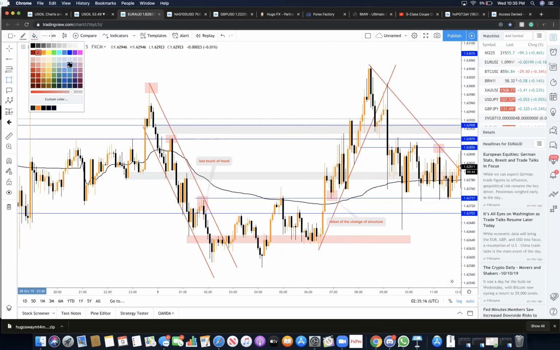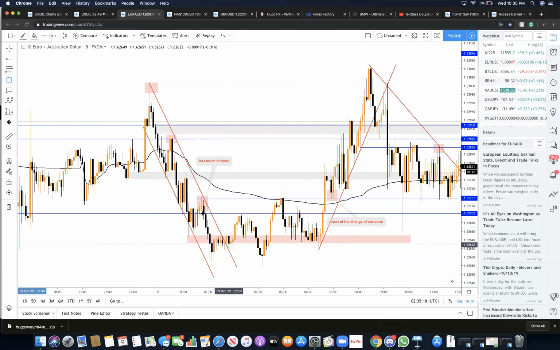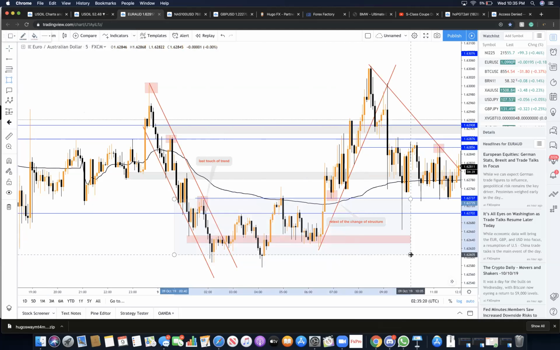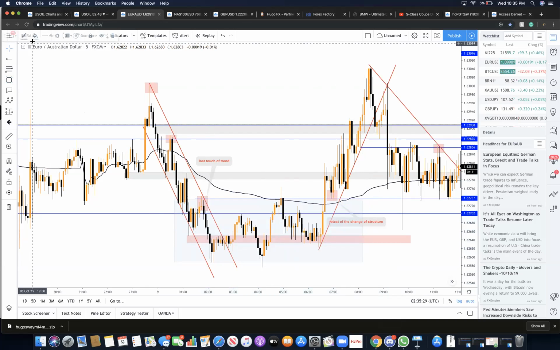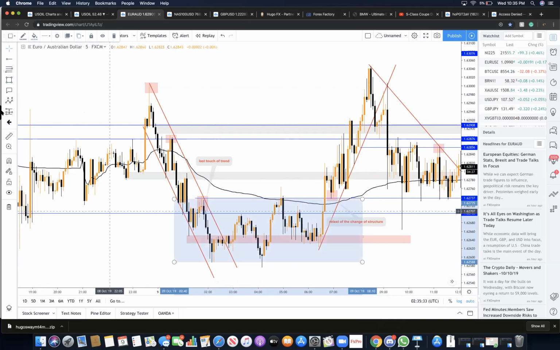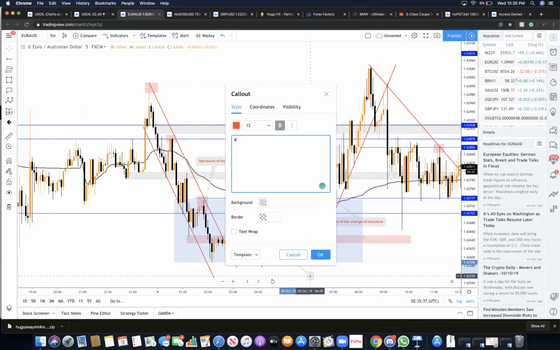Outside of the colors that you guys are using for your areas, just identify for me your accumulation price points. So if this is accumulation that you're identifying, let me make this a little darker. Just label that as accumulation.